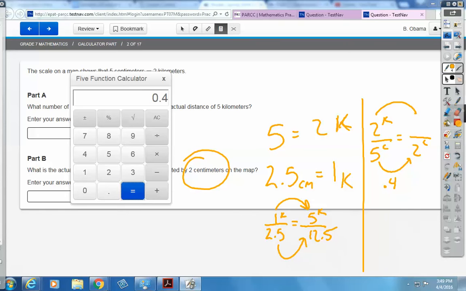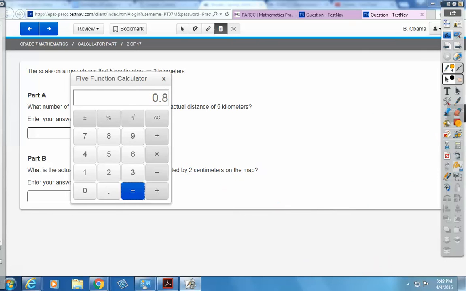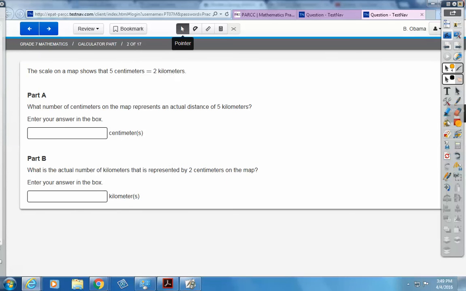So that means 0.4 times 2 would be 0.8 kilometers. And so I'd have to type in 0.8 kilometers right there.